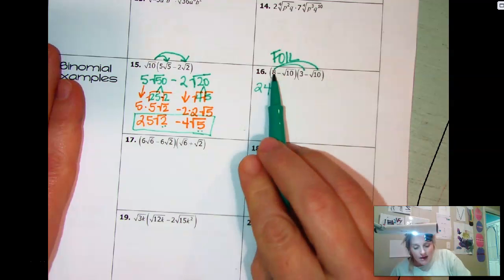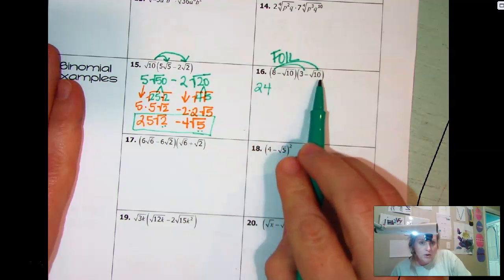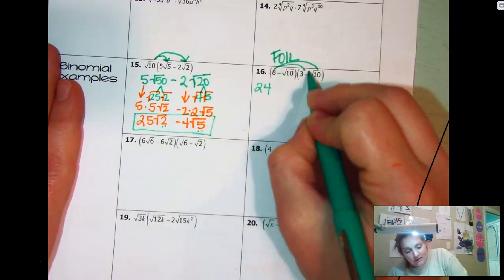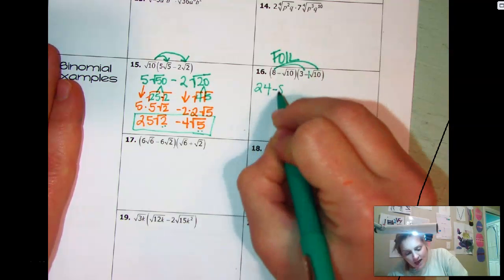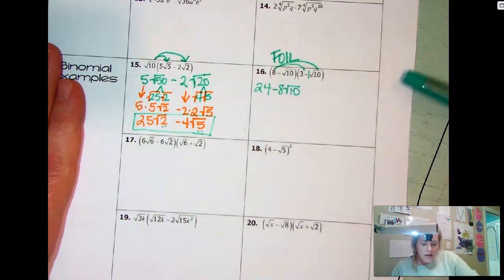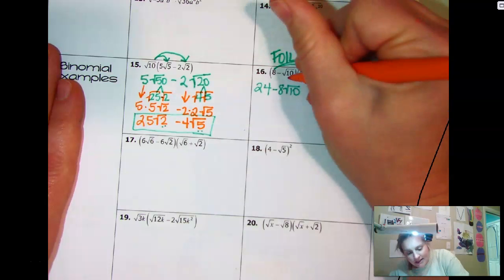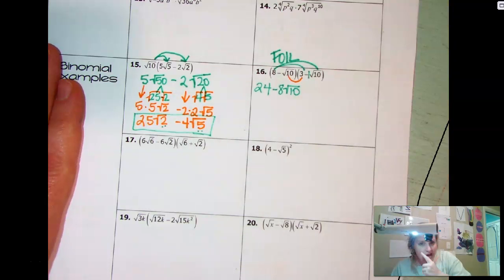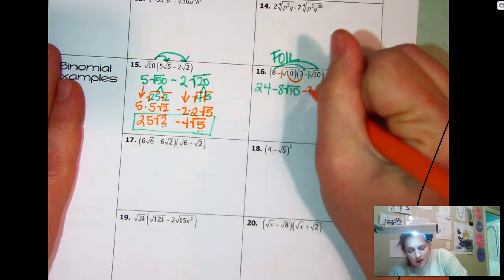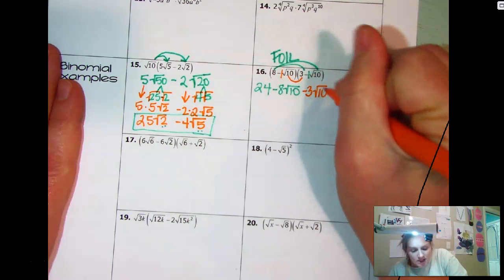This is on the outside, this is on the inside, so I don't get to multiply those together. So it's going to be 8 times negative 1, which would be negative 8 square roots of 10. Then I do negative 10 times 3. Again, same thing. This would be like negative 1 times 3, which is negative 3 square roots of 10.